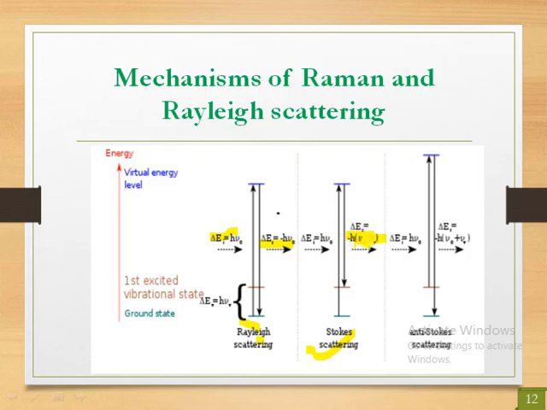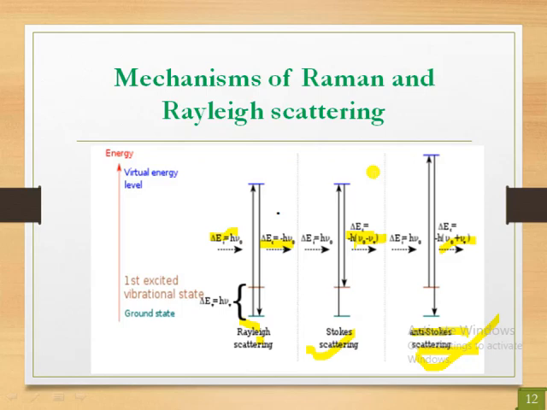It means the frequency of scattered radiation is lower than the frequency of excited radiation. It's Stokes scattering. And over here, the frequency of scattered radiation is higher than the frequency of excited radiation. So it's anti-Stokes scattering. So this is the basic difference between Rayleigh scattering, anti-Stokes scattering and Stokes scattering.